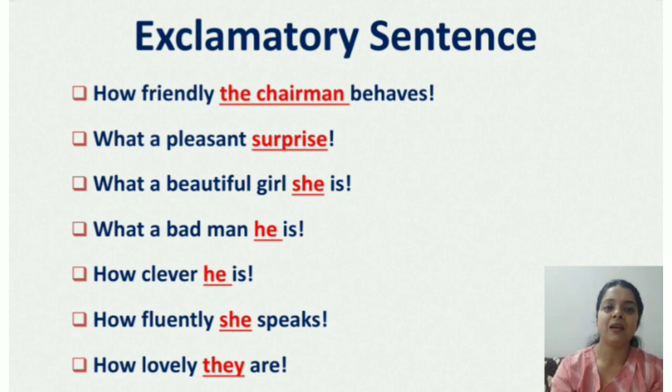So remember, who behaves? The chairman behaves. Who is pleasant? Surprise. Or what is pleasant? Surprise. Beautiful girl. Who is? She is. Who is the bad man? He is. How clever he is. Who is? He. Here we find he is, she speaks, and they are. What do we find here?